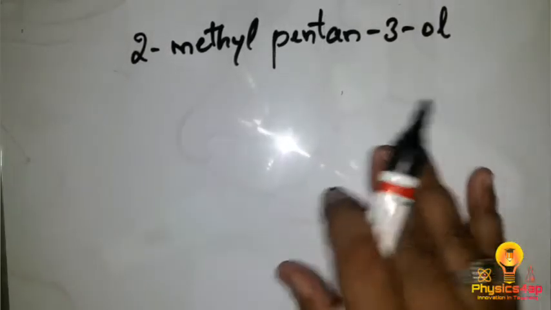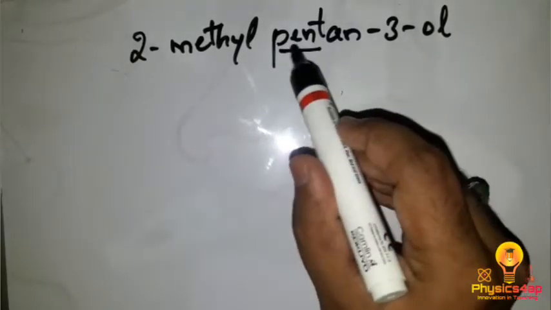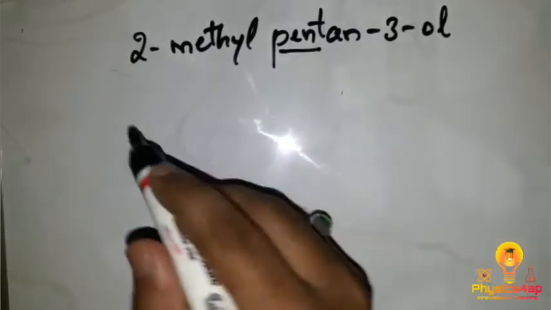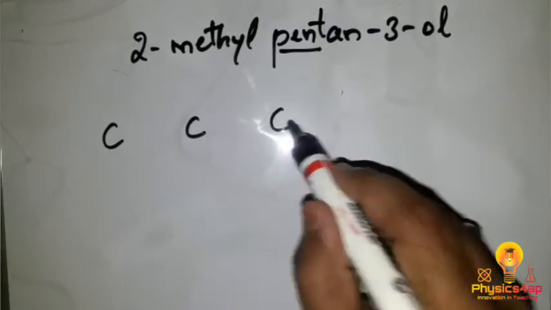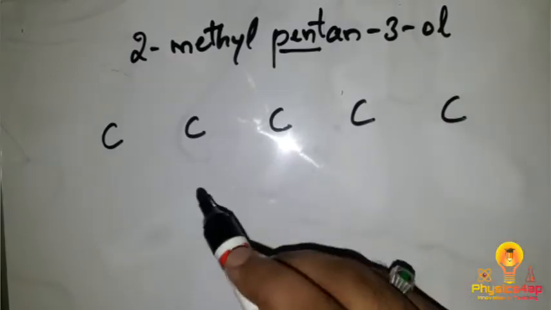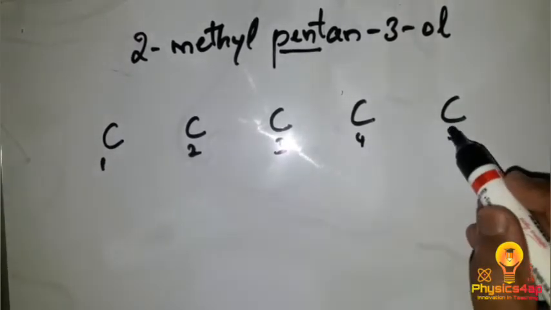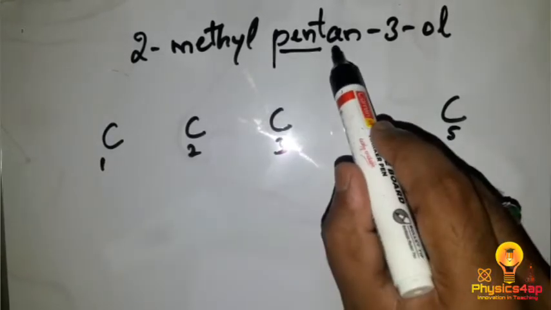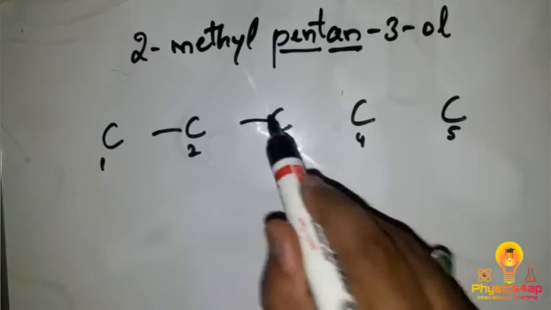Let us draw the structure for this. Pent means 5 carbons. So let us draw the 5 carbons over here, 1, 2, 3, 4 and 5. Give the numbers 1, 2, 3, 4 and 5. And here ane represents single bonds. So draw the single bonds.